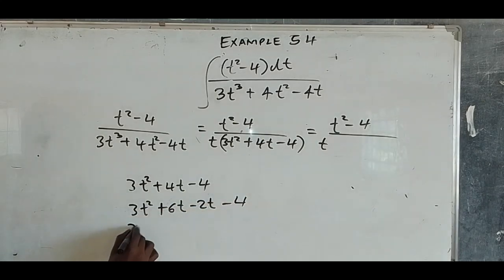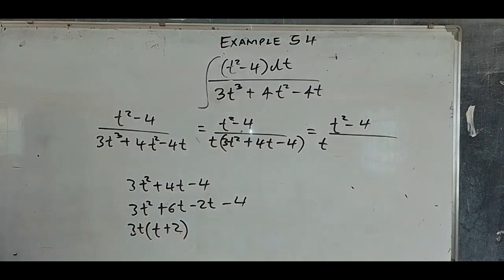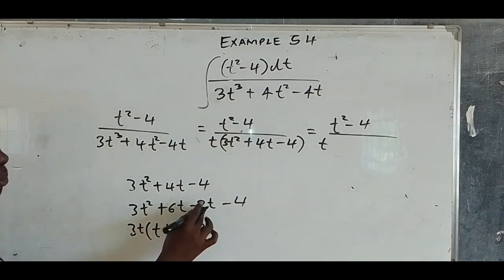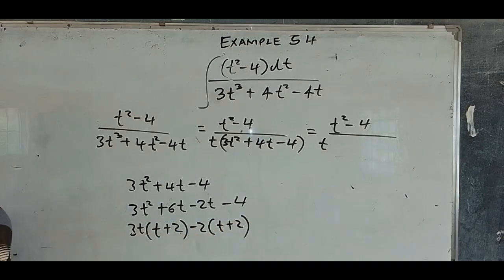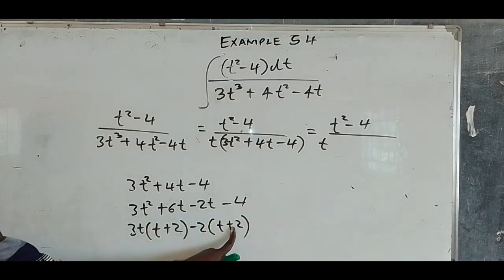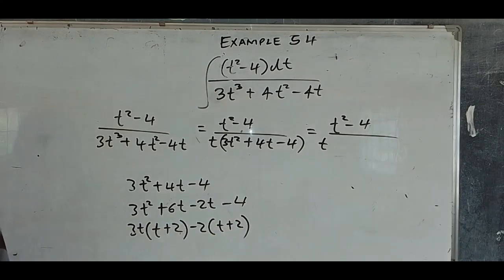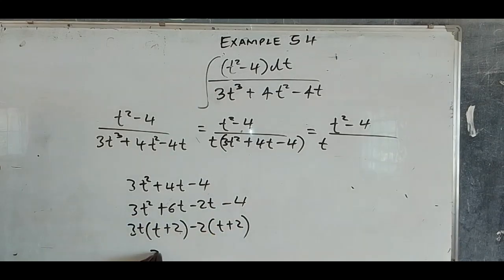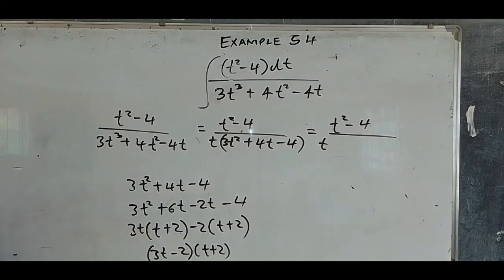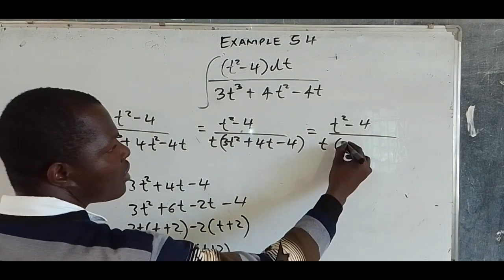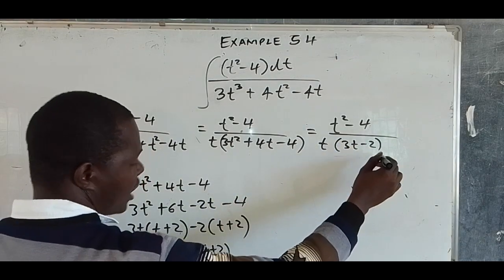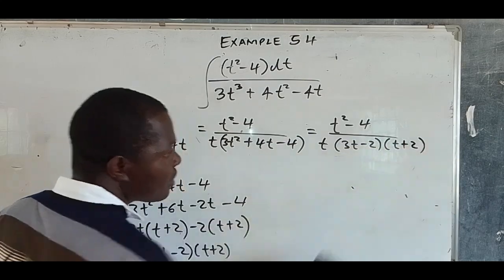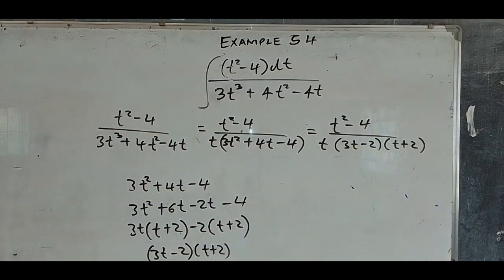The first one, 3t is common, then you remain with t plus 2. Then minus 2 is common, then you remain with t plus 2. Negative 2 into positive 2, you get back to negative 4. So it is 3t minus 2 into t plus 2.